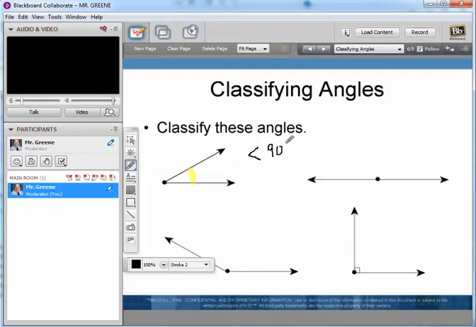If it's less than 90 degrees, it is an acute angle. Okay, acute angle. If it's more than 90 degrees, see how this angle over here is greater than 90 degrees? Then it is called an obtuse angle.